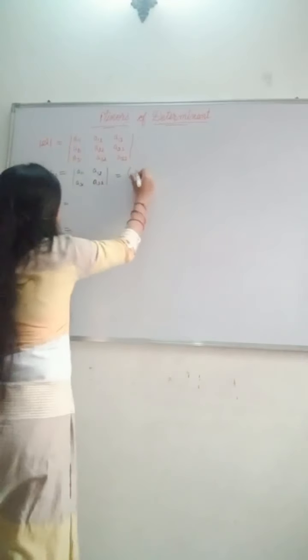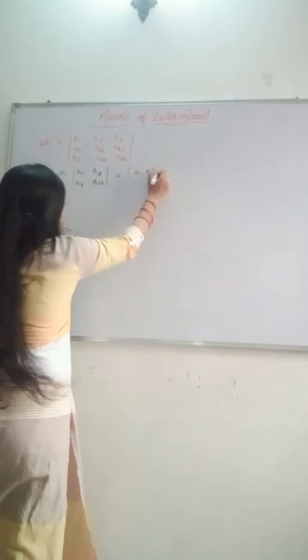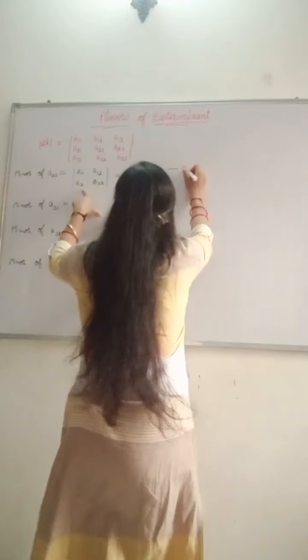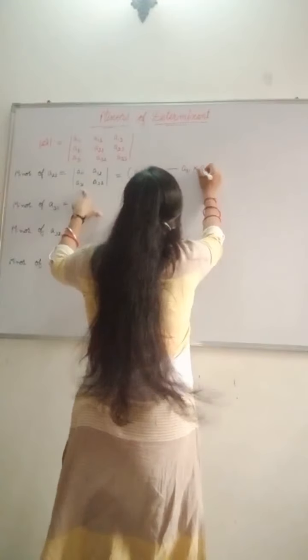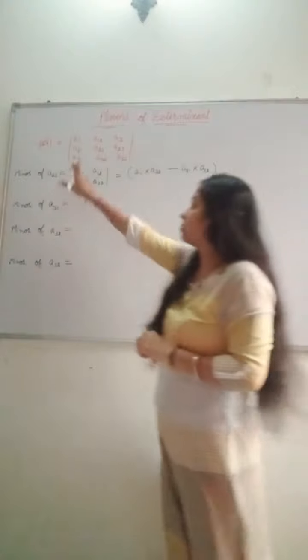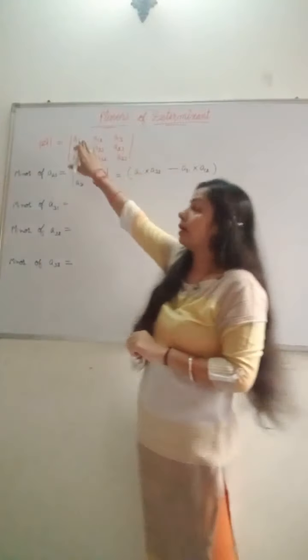Now put here A11 into A32. Put here a subtraction sign, then multiplication of A31 into A12. Now let us find the minor for element A31. Here you can see A31 element comes in third row and first column.